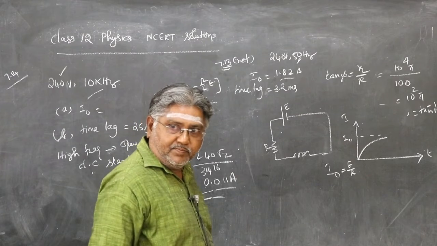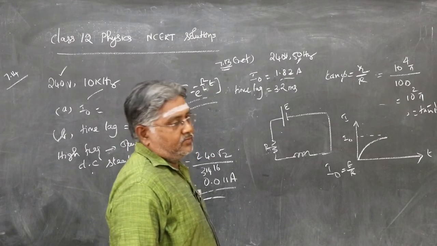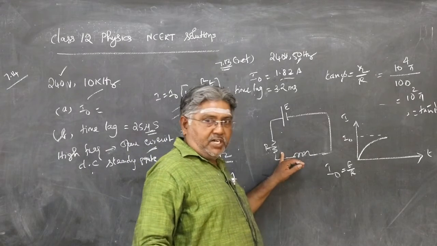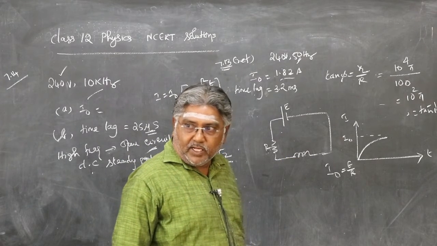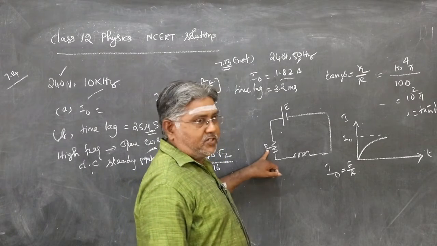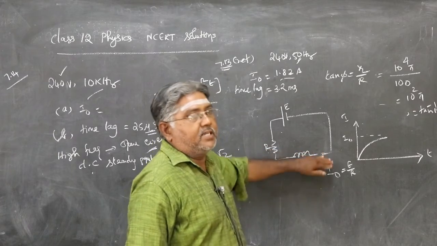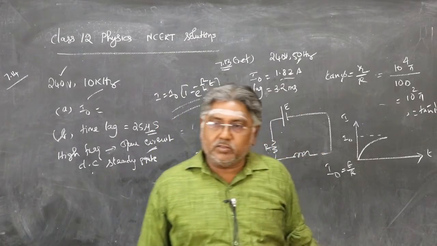Equivalently, I am saying it is as if there is more resistance before steady state. But at steady state, only this resistance, no extra resistance. That means it behaves as a perfect conductor, having no resistance.